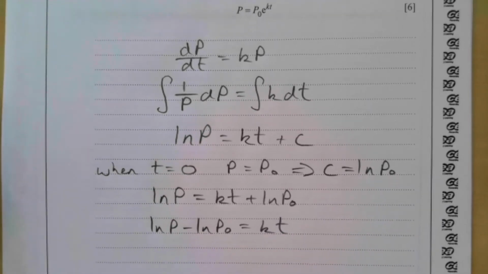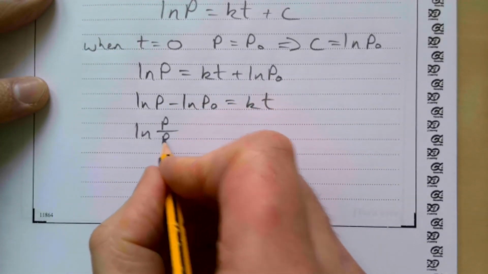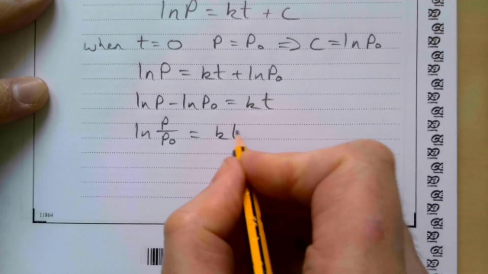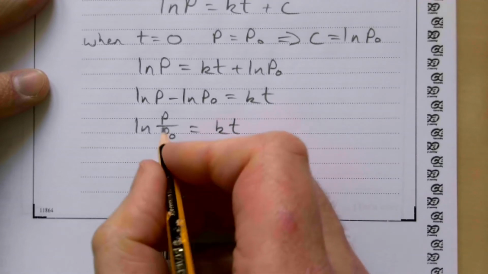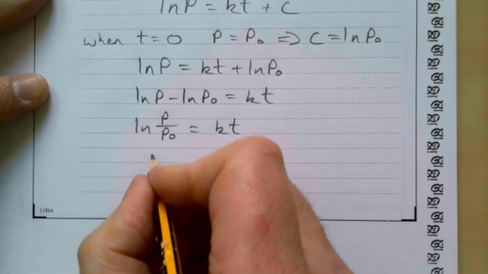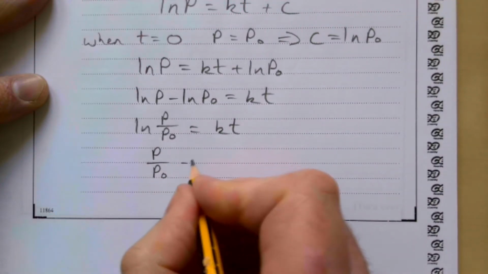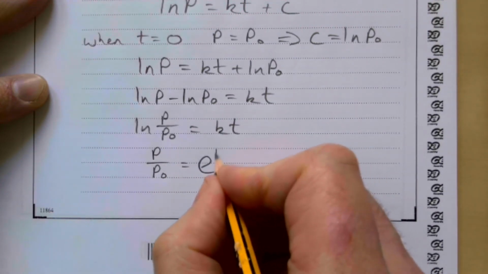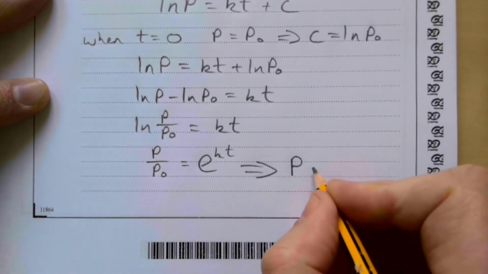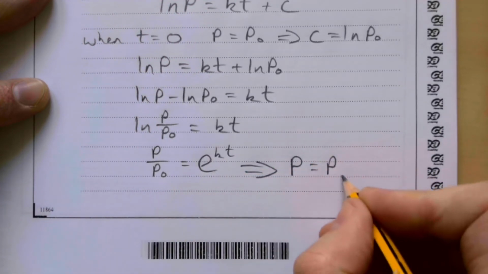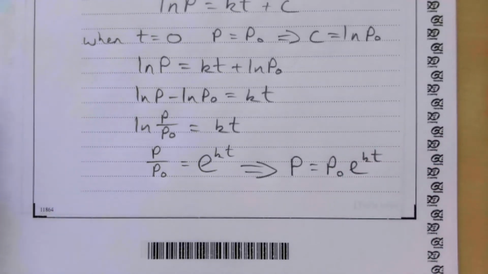Using our laws of logs, we have ln P over P0 equals kt. Getting rid of the log, we get P over P0 equals e to the kt, and we're a line away. P equals P0 multiplied through by P0 is e to the kt.